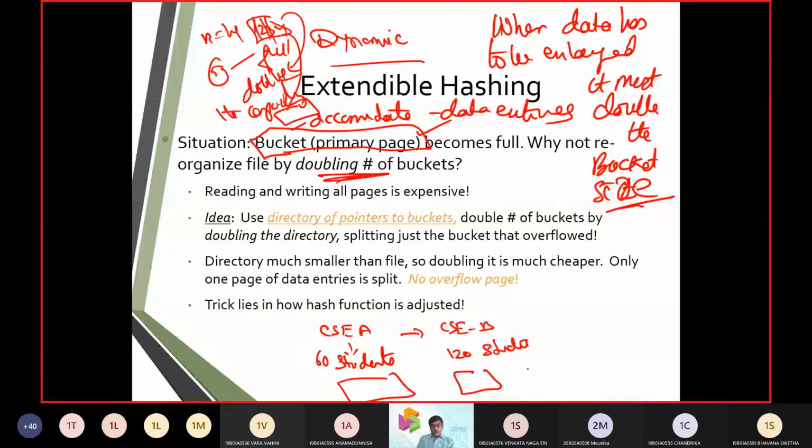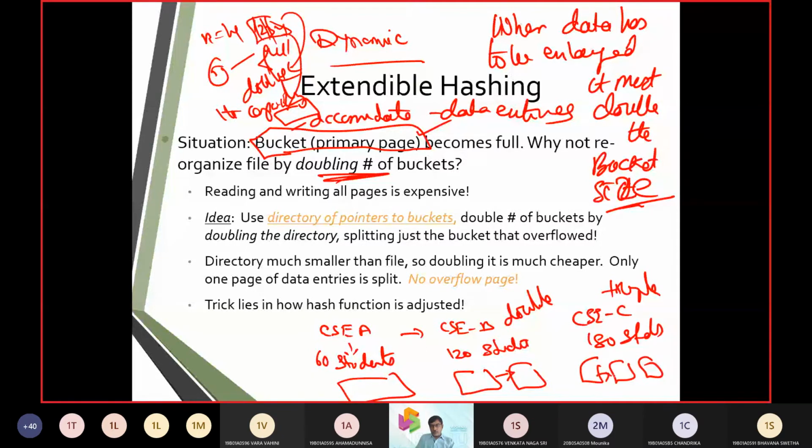Now we have to double it, and I can link this pointer to 1 and 2. Then CSE C came, so I increase the capacity to triple, so 180 students are available. Now I increase the classroom size. I can give it as 101, then 101, 102, then 101, 102 and 103.